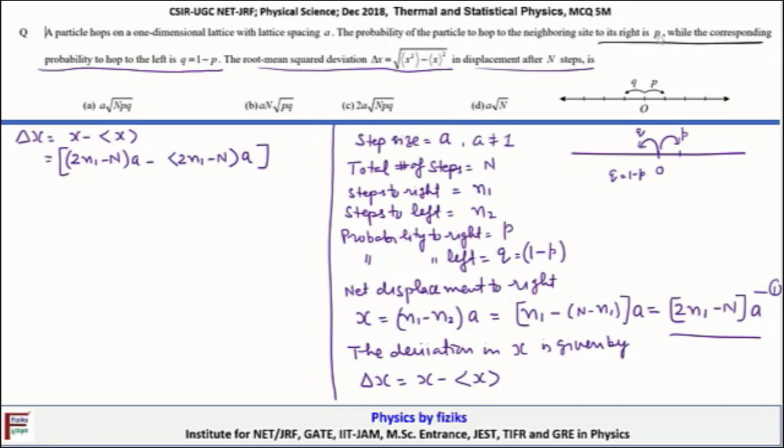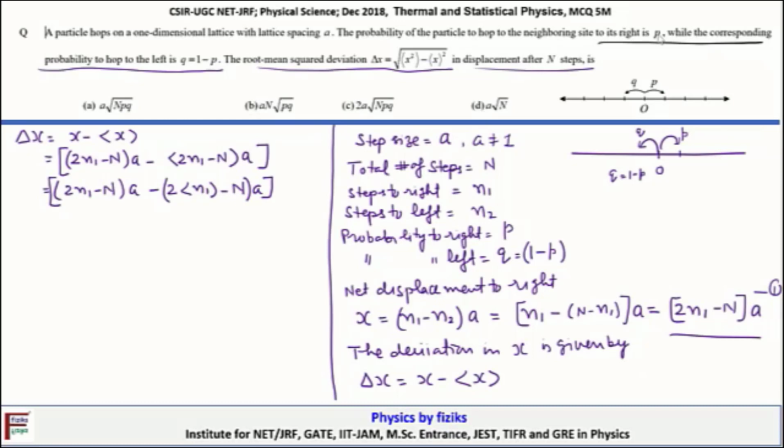Okay, and this is further equal to 2n1 minus n, times a, minus 2 average of n1 minus n, times a.